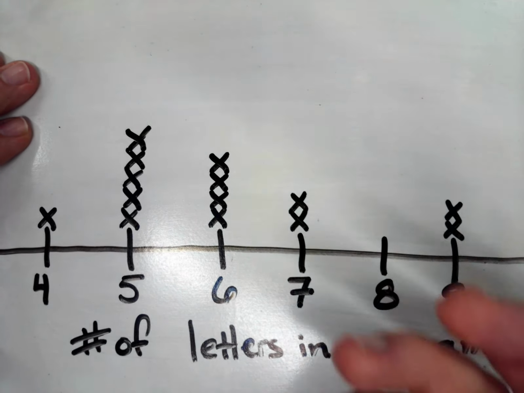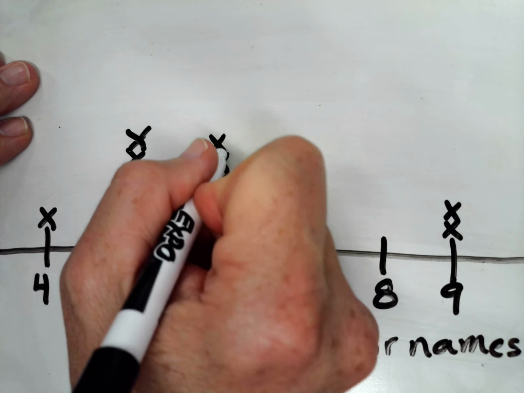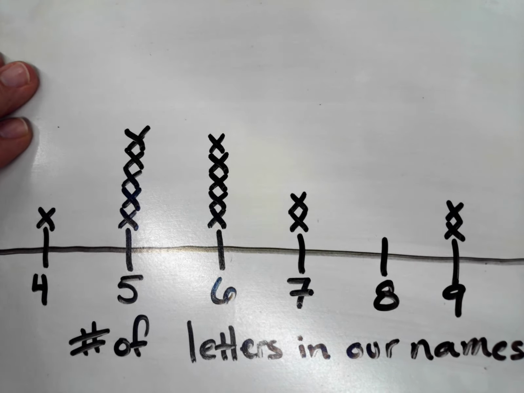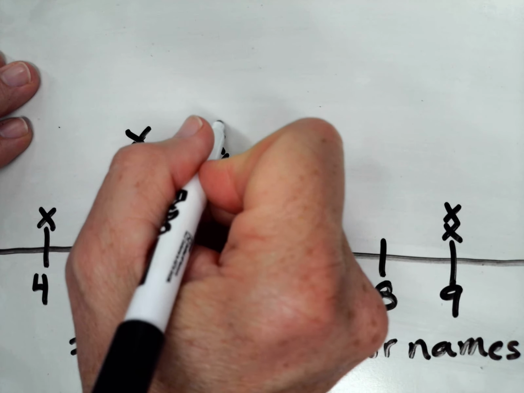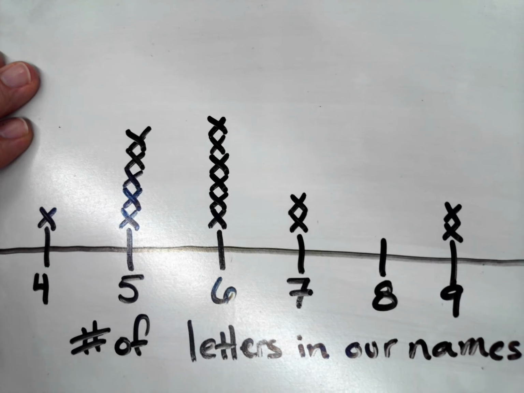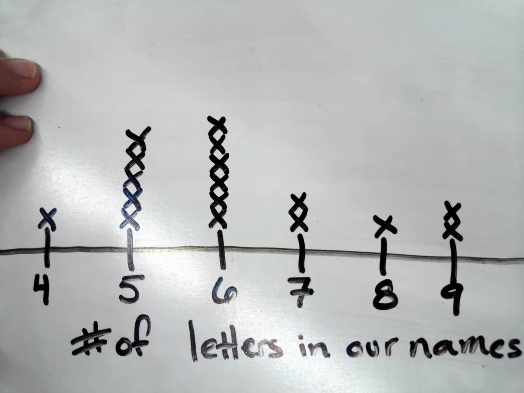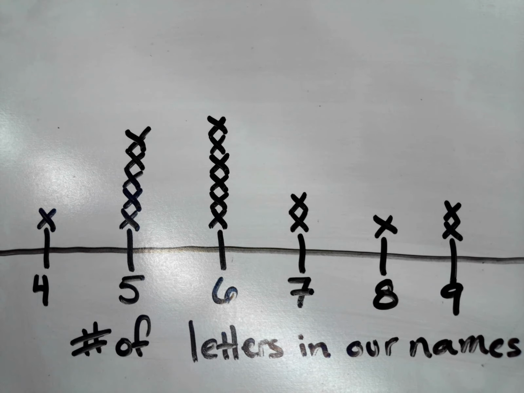Caden has 6. Let's see if we have a tiebreaker here. Malene has 6. And Nicholas has 8. So now this is an easier way to visualize the distribution of the letters in the names in our class.